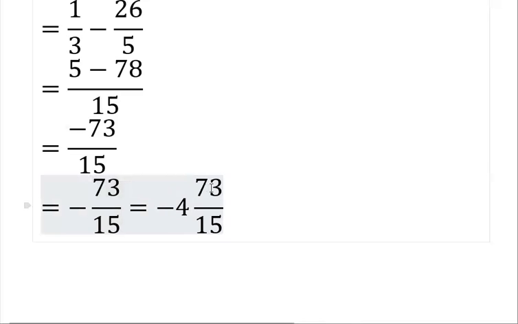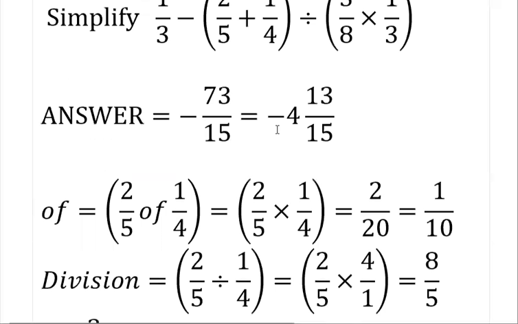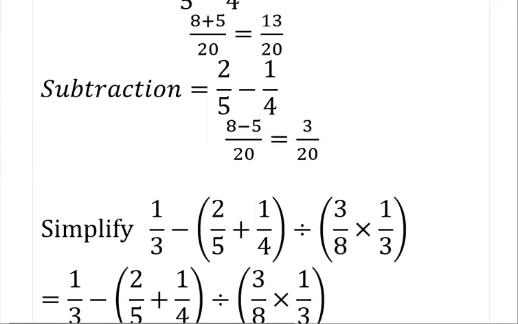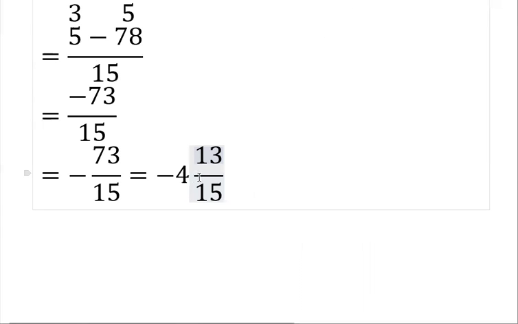So we'll be left with 13. So we now have minus 4 whole number 13 over 15. So that's how we come about the answer we have here. Minus 73 over 15 is minus 4 whole number 13 over 15. So we have it down here.